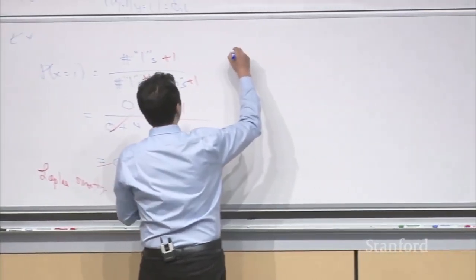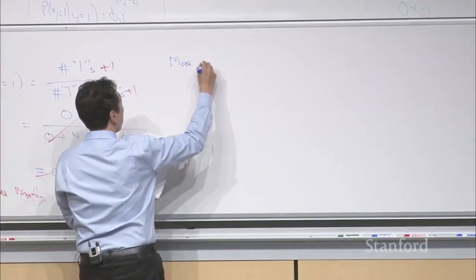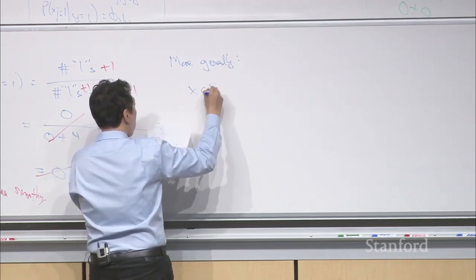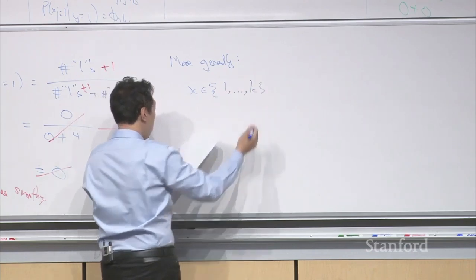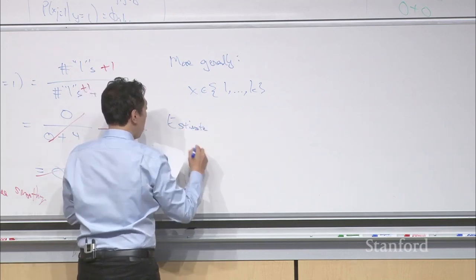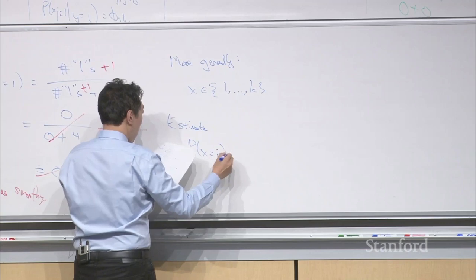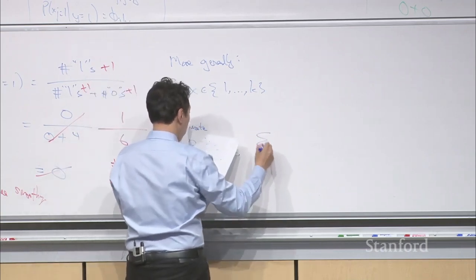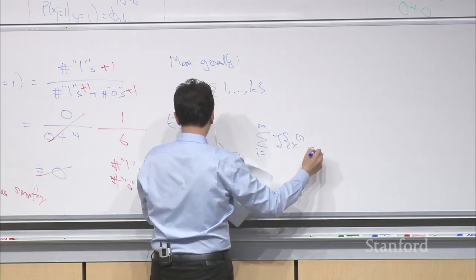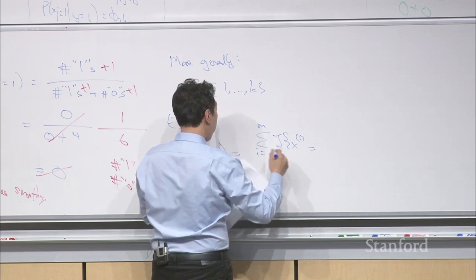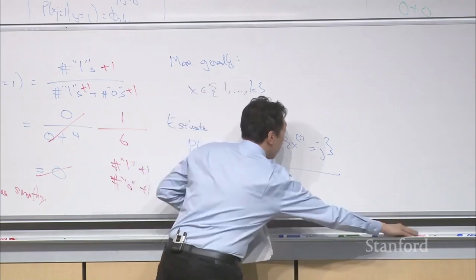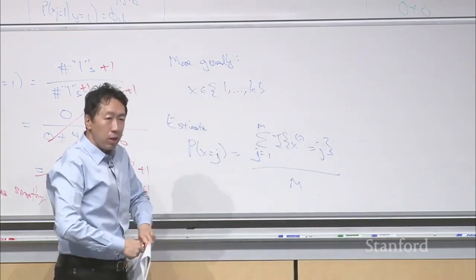And more generally, if you're estimating probabilities for a k-way random variable, then you estimate the chance of x being i to be equal to... So that's the maximum likelihood estimate.